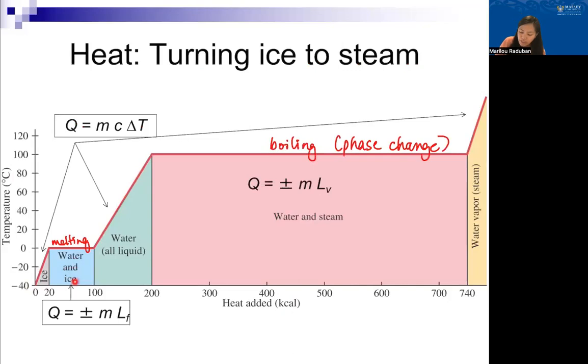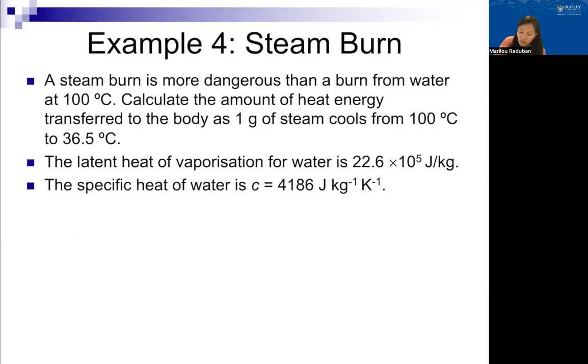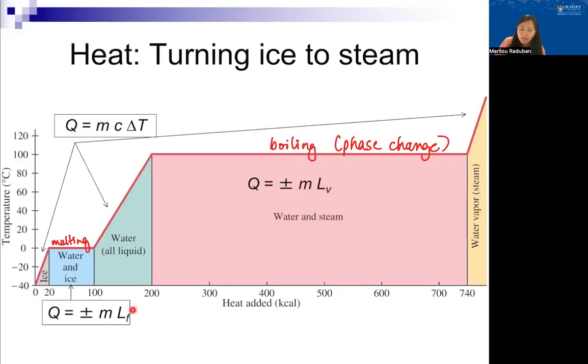Notice how during the phase change you use the equation Q equals mass times the latent heat. And when you only have a single phase existing, then you use Q equals mc delta T. Because if you have a single phase, any heat that's added goes into the change in temperature delta T. So that's how you know when to use Q equals mc delta T and when to use Q equals mL.